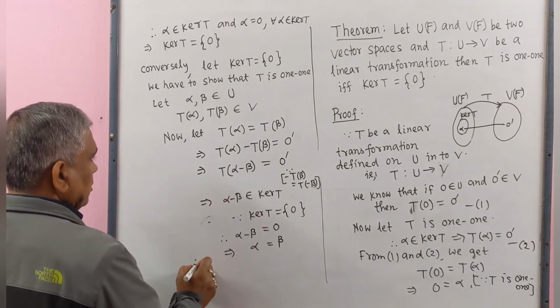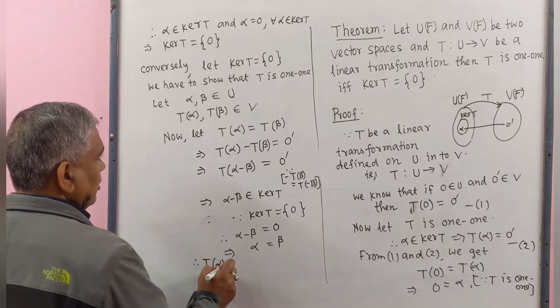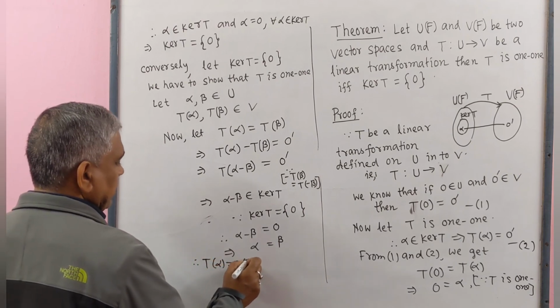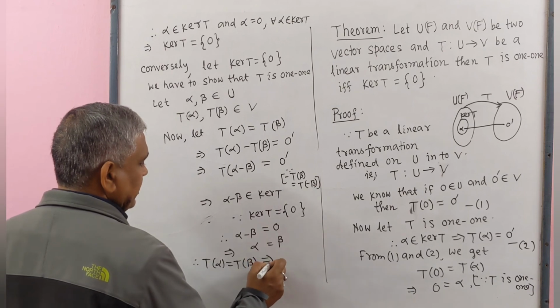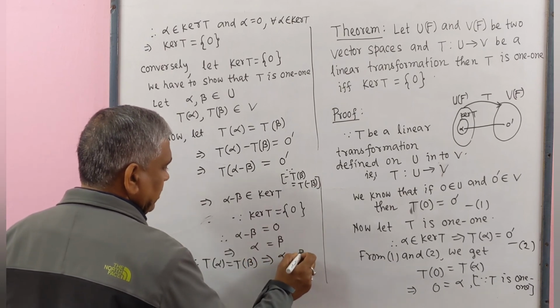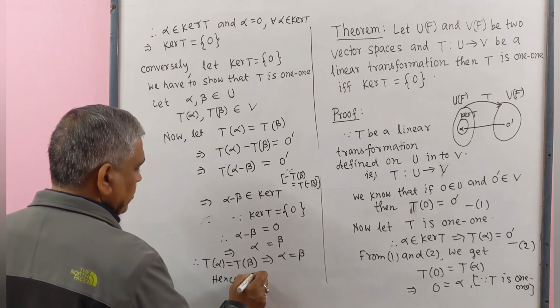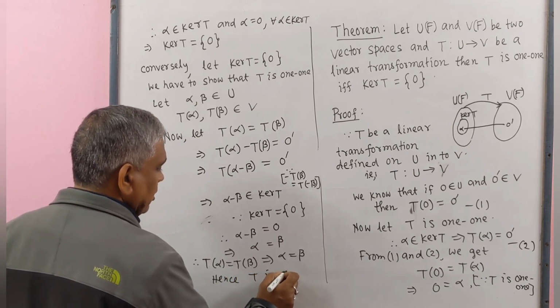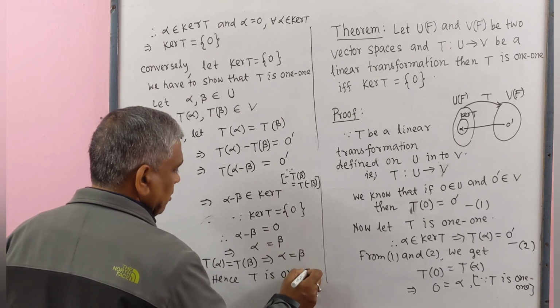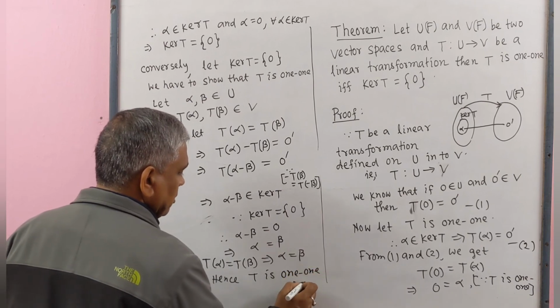Therefore, T alpha equals T beta implies that alpha equals beta. Hence, T is one-one. Proved.